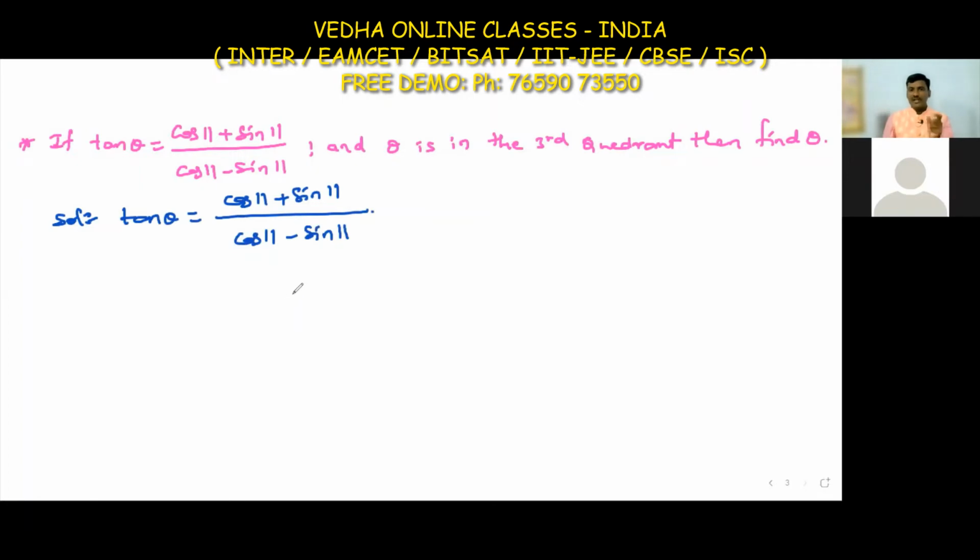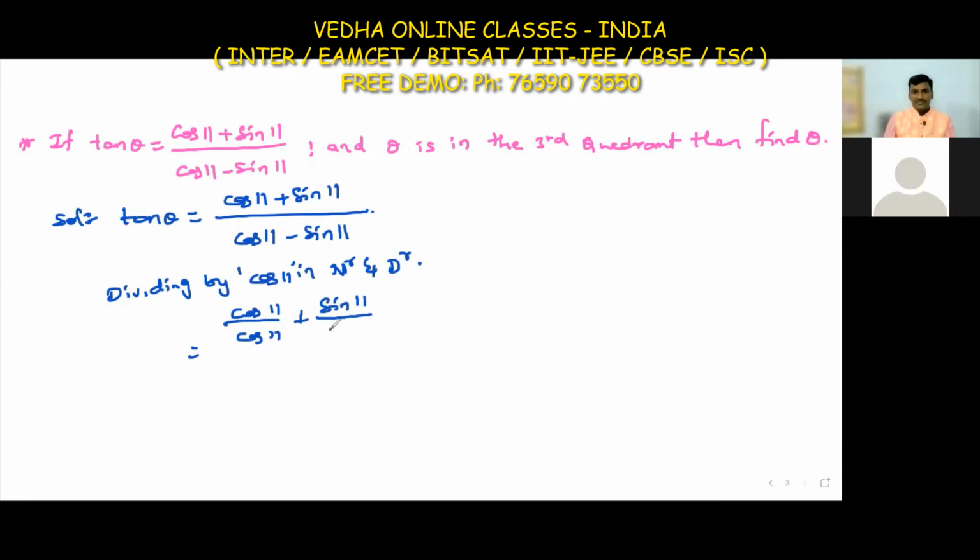Okay. So now dividing by cos 11 in the numerator as well as denominator, then we get cos 11 divided by cos 11 plus sin 11 divided by cos 11, whole divided by cos 11 by cos 11 minus sin 11 by cos 11.